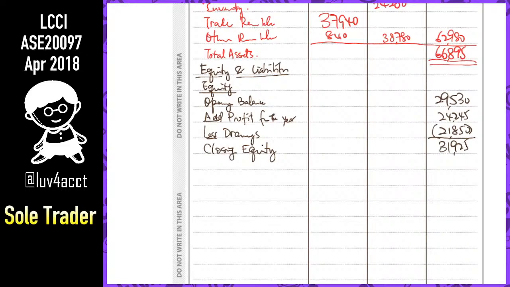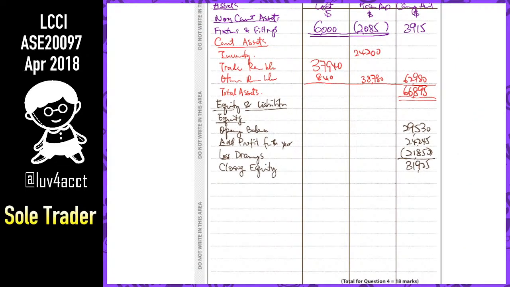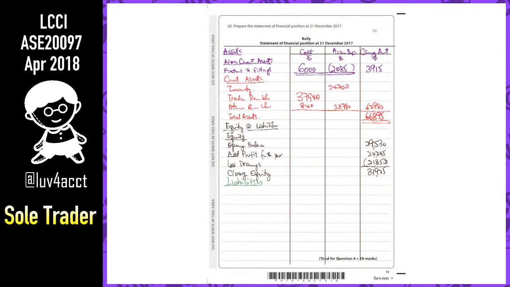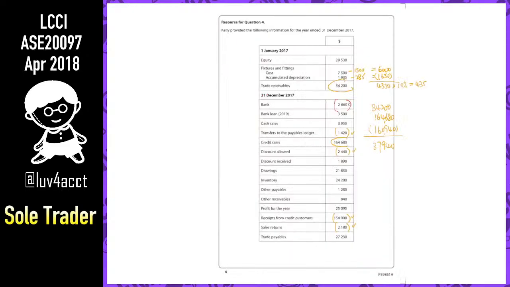Okay, next we have liabilities. I remember we have a bank loan. Let us see. Yes, bank loan, year 2019, that is long term, 3,500.